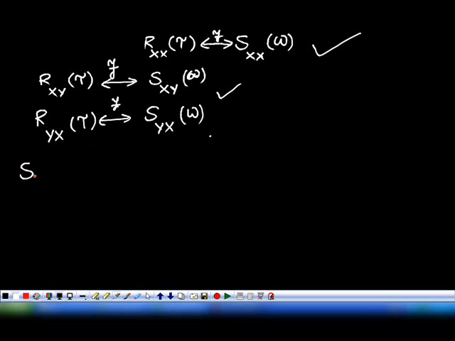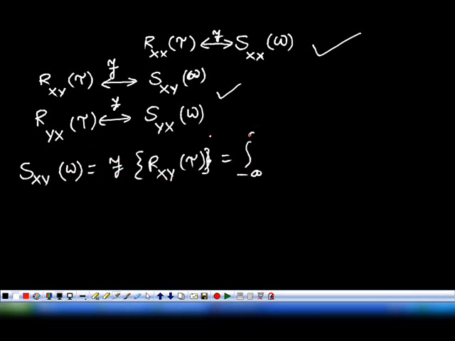Otherwise, this is equivalent to the Fourier transform of Rxy of tau, which is equivalent to the integral from minus infinity to plus infinity of Rxy of tau e power minus j omega tau d tau.